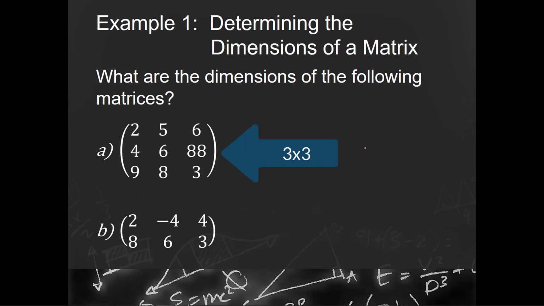Not only that, this is a square matrix. This one has 1, 2 rows, 3 columns, so this is a 2 by 3 matrix. This is not any special matrix, i.e. it's not a square matrix or a row matrix or a column matrix, so it's just a regular matrix.